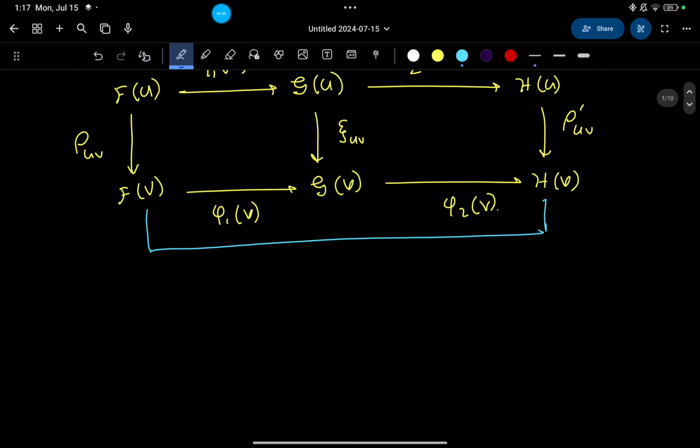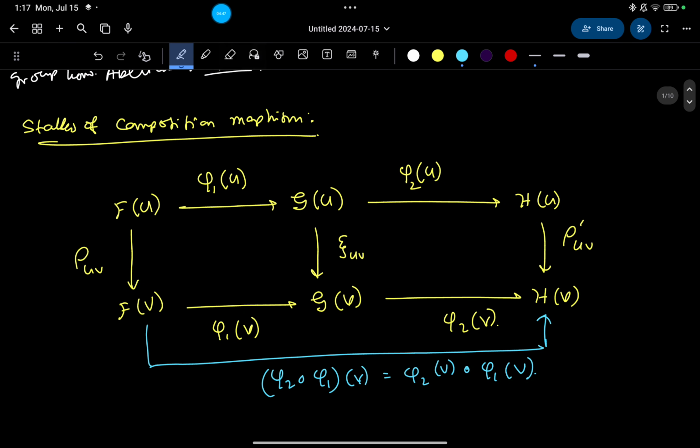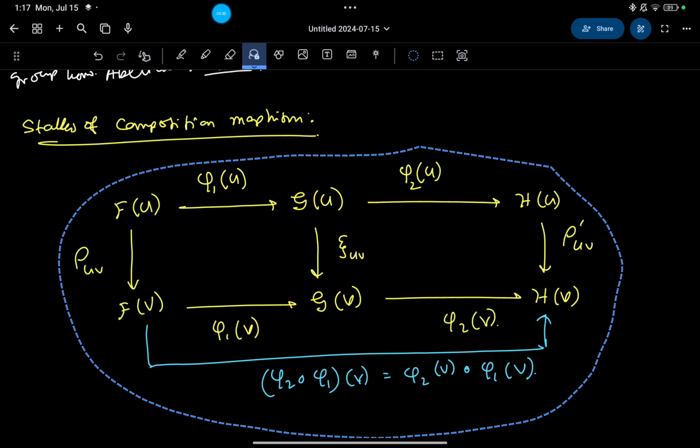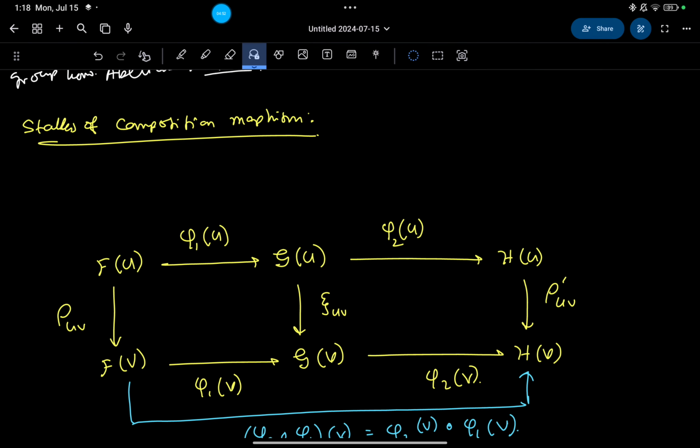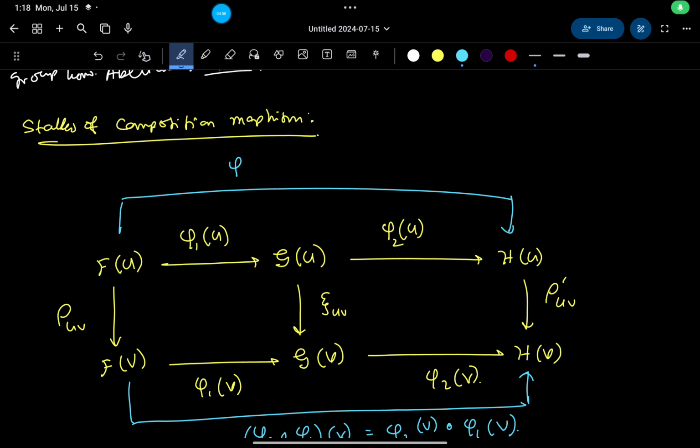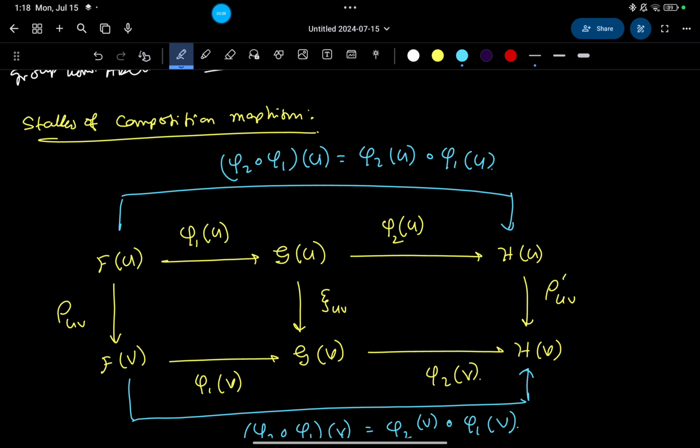From here to here is the composition of these two maps, phi2 of v composed with phi1 of v, and from F(u) to H(u) there is the map phi2 composed phi1 of u, which is nothing but phi2 of u composed with phi1 of u. Alright.